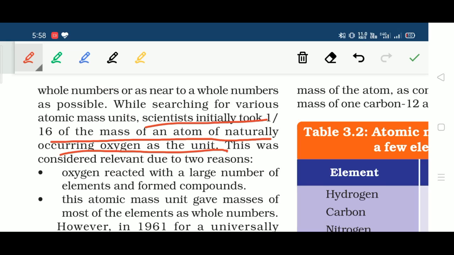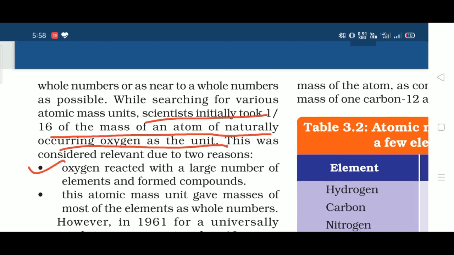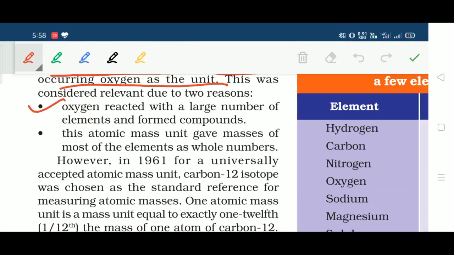First of all, oxygen reacted with a large number of elements and formed various compounds. And number two, this atomic mass unit gave masses of most of the elements as whole numbers. So due to these two reasons, initially oxygen was taken as the standard reference for calculating atomic mass.